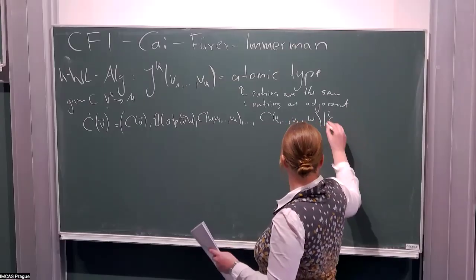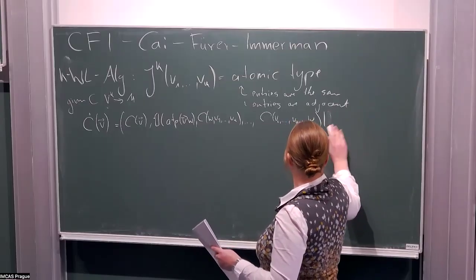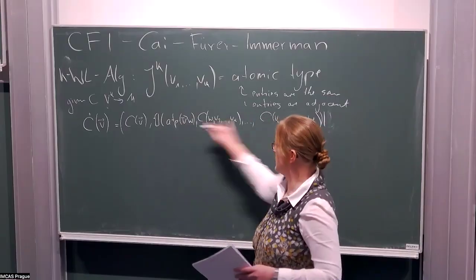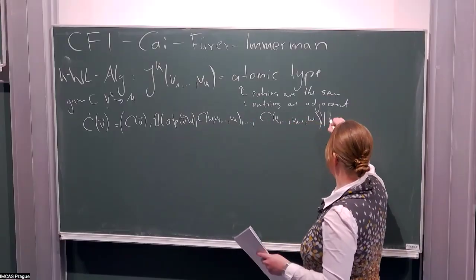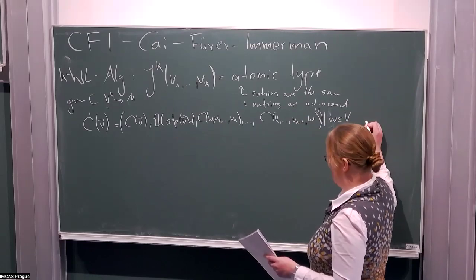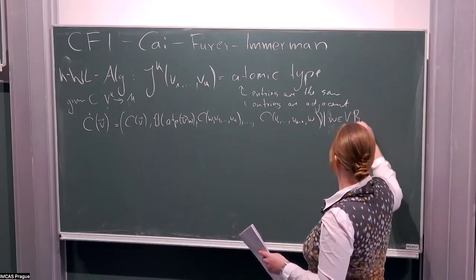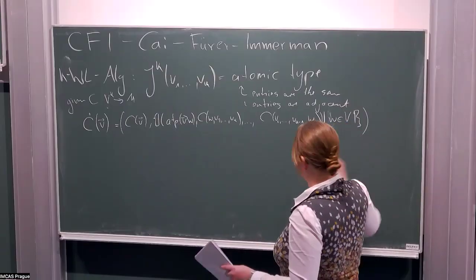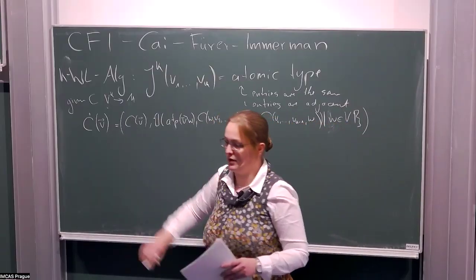This is now a tuple of k plus 1 entries, and we do this for every vertex of the graph. So this is now a very big color object, which is assigned to our vertex.